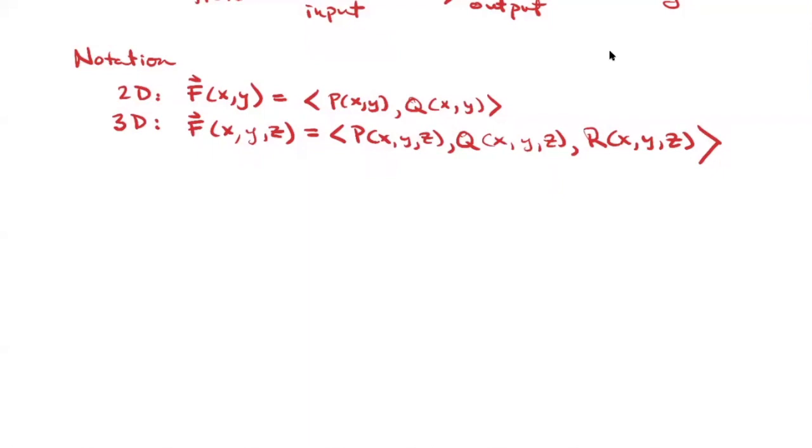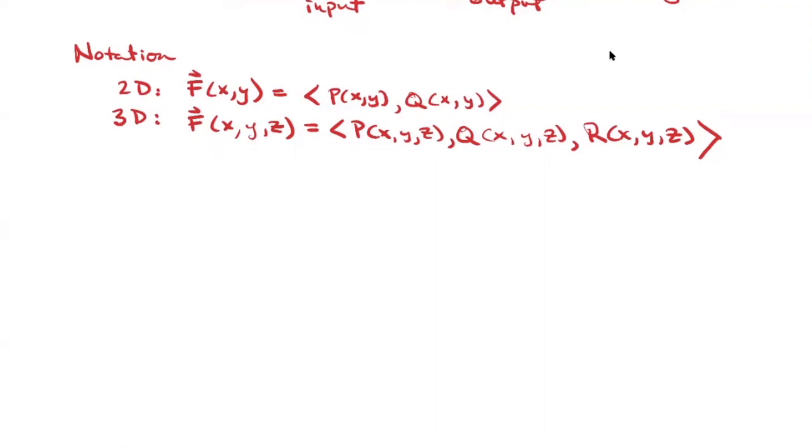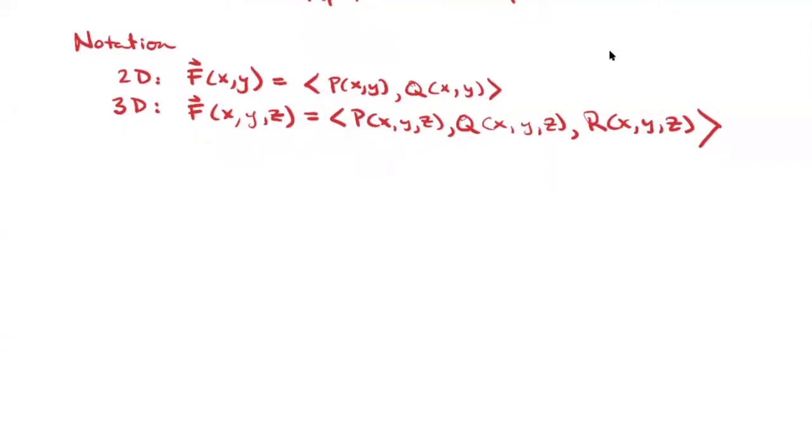The analogy here is going to be a matrix with 3 rows and 3 columns. There are 3 functions, P, Q, and R, each with 3 partial derivatives, altogether 9 partial derivatives. The total derivative is a matrix for a vector field.